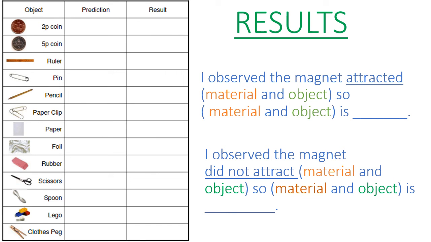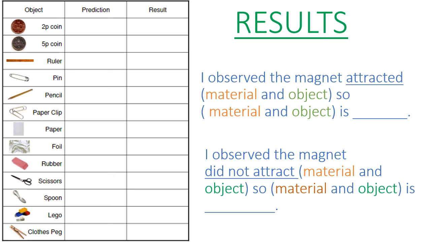So when you study and describe materials that are magnetic or non-magnetic, you can say out loud, I observed the magnet attracted the steel scissors, so the steel scissors are magnetic.